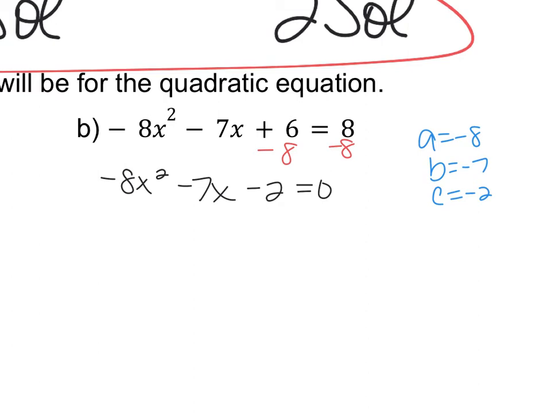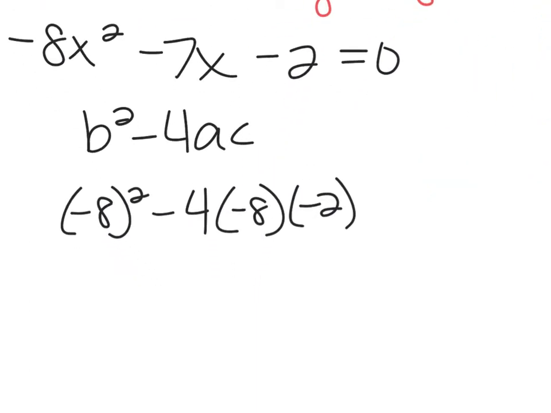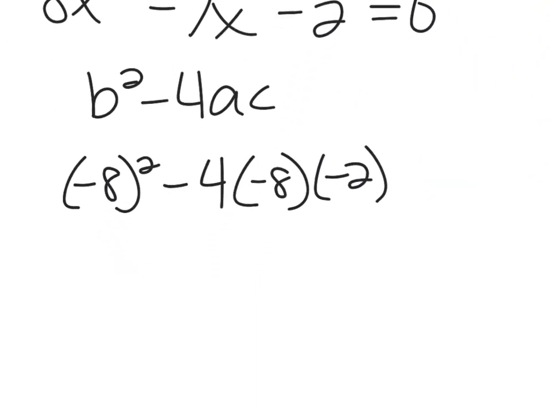All right, so the formula is b squared minus 4ac. So I'm going to have negative 8 to the second power, and remember, you always have to have parentheses around a negative whenever you raise it to the second power, minus 4 times my a value, negative 8, times my c value, negative 2. So put it in a calculator and see what you get.